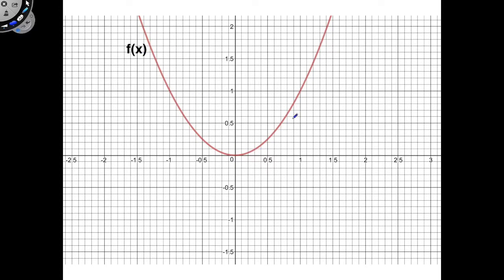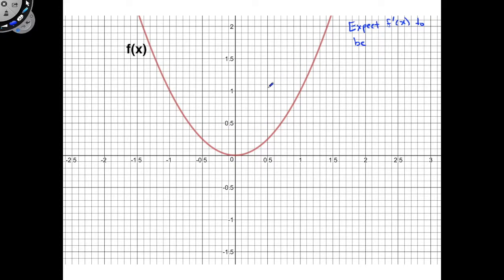It's a parabola, right? So also an important note, what would you expect the graph of the derivative, f prime of x, to look like? Well, we have a parabola, right?